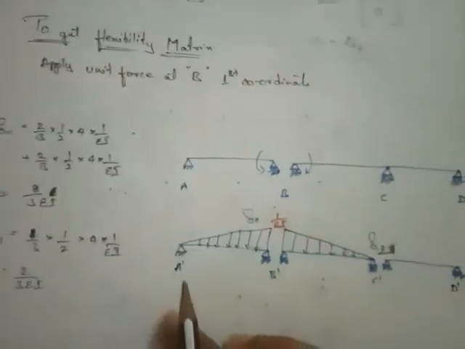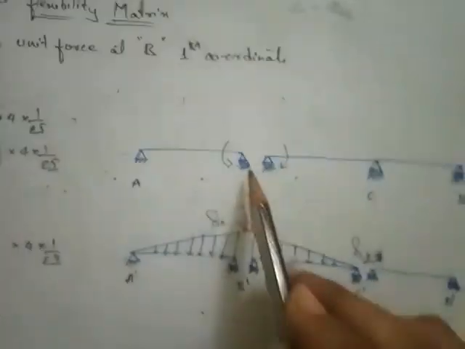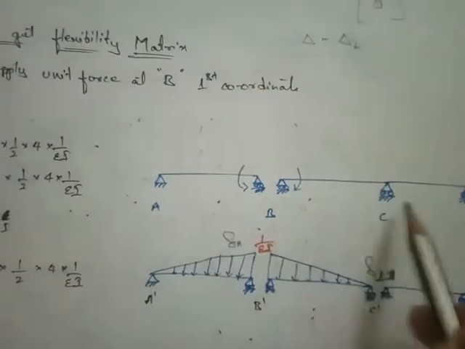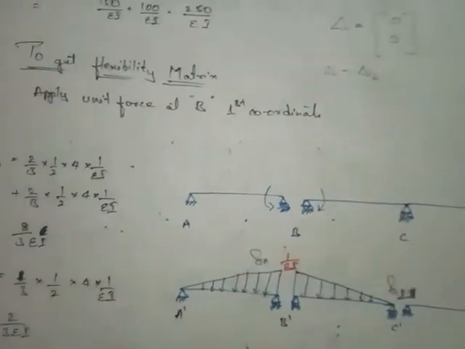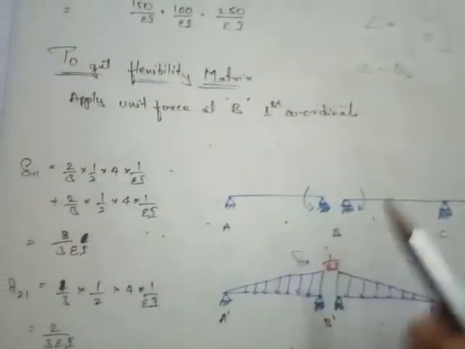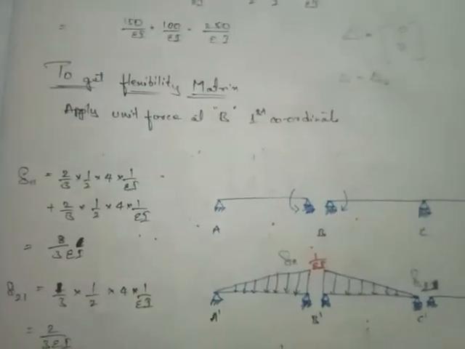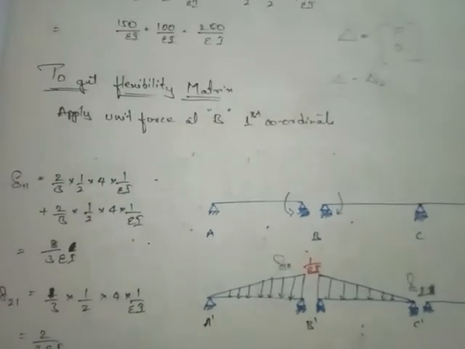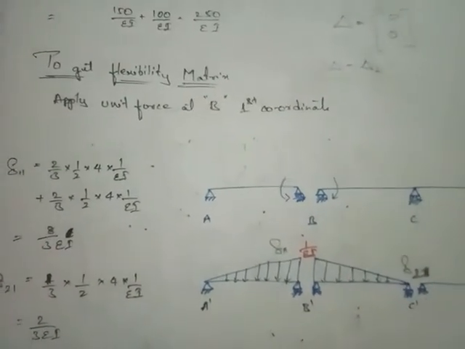Next, going for the flexibility matrix. As we have released forces at B and C, in the first case we will apply a unit load at B at the first coordinate, and next, as we have seen in the differences, we should apply the coordinates.